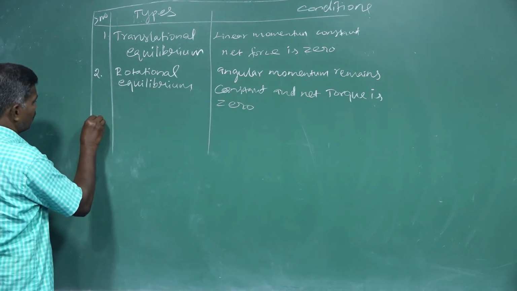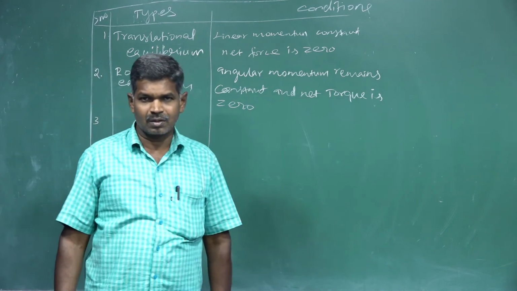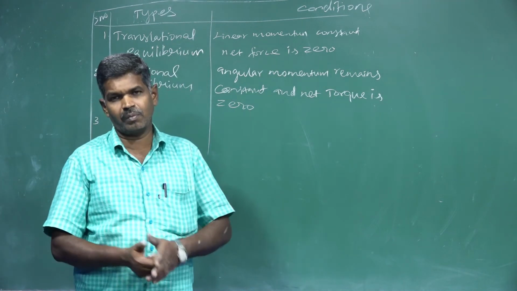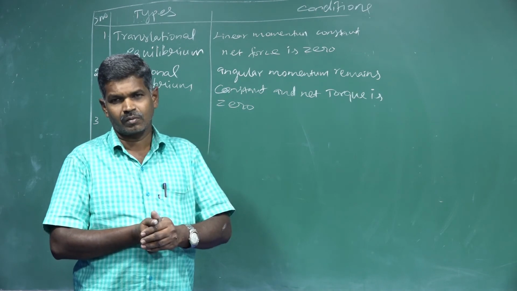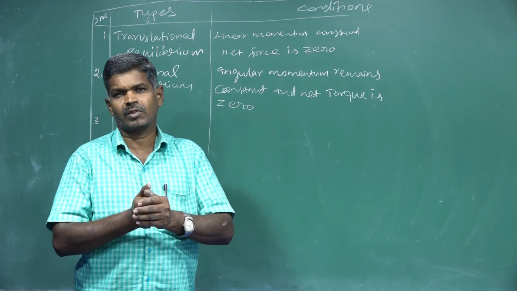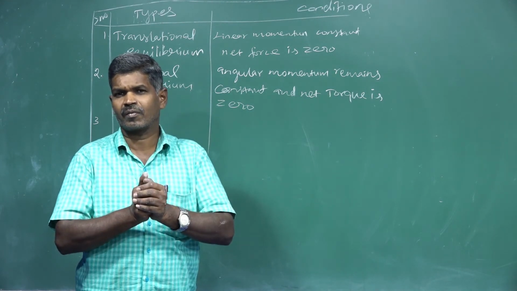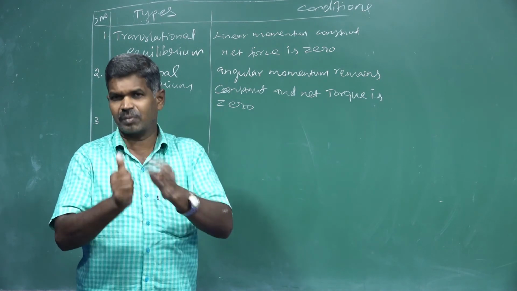Next, the third one is static equilibrium. The object is at rest, which means no movement, no velocity. If velocity is zero, linear momentum is zero.